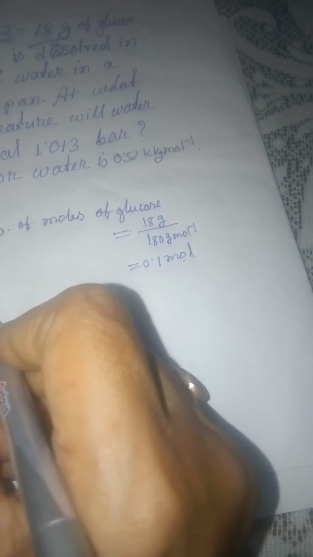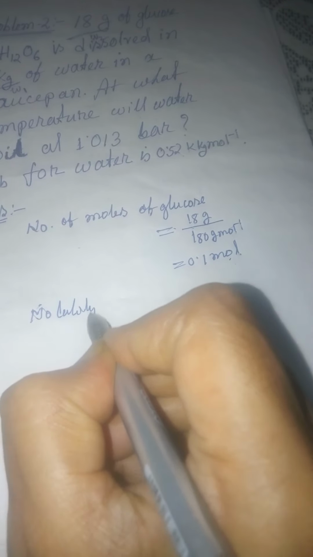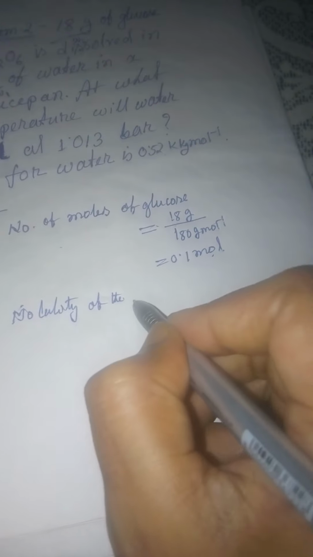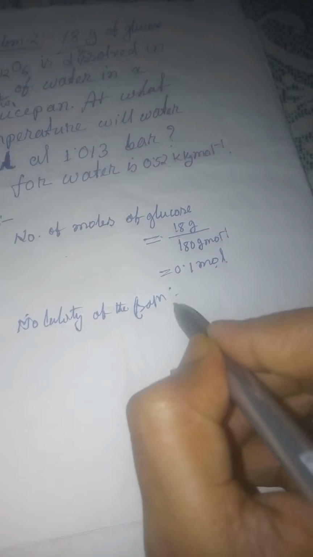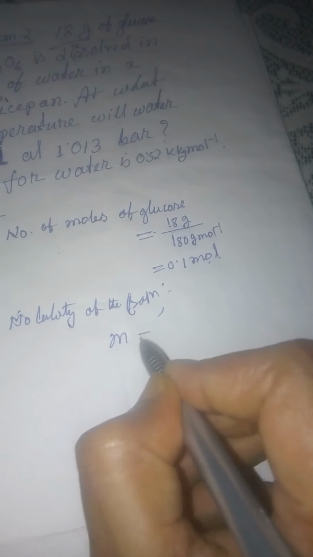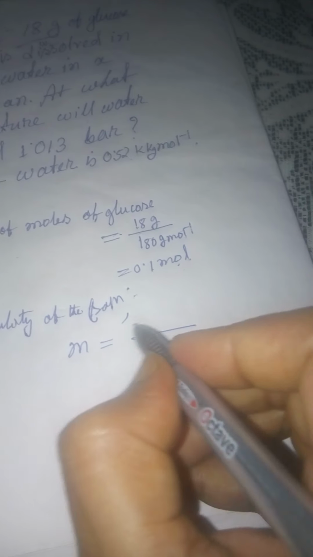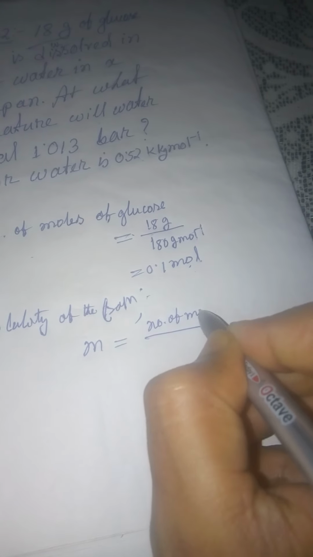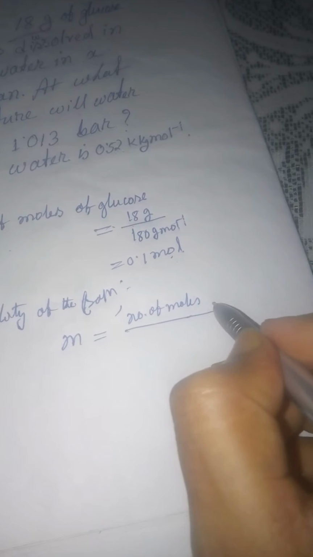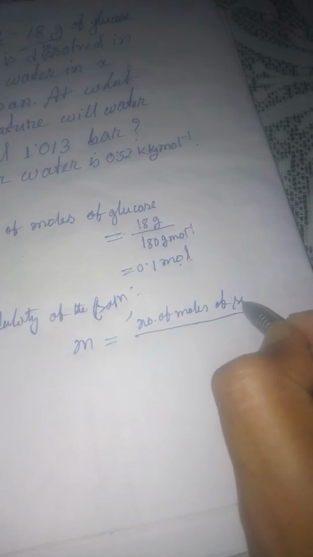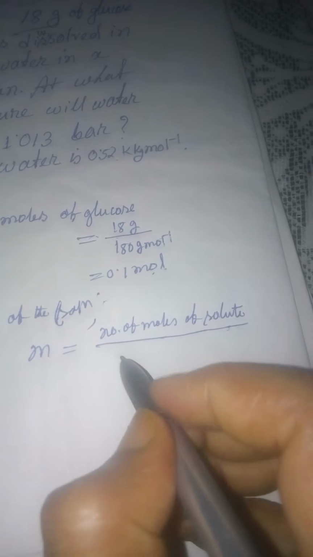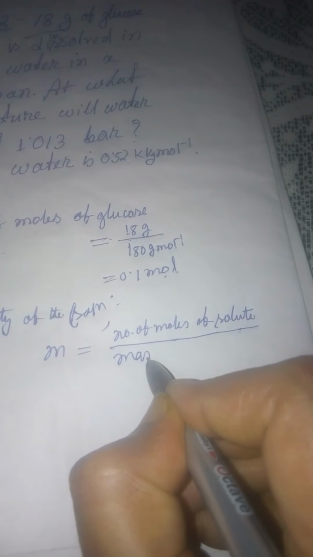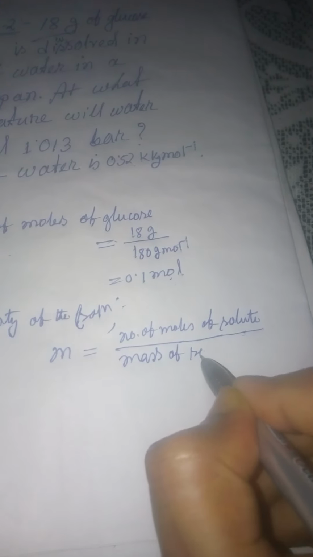So the molality of the solution, that is m, is equal to number of moles of solute divided by mass of solvent in kg.